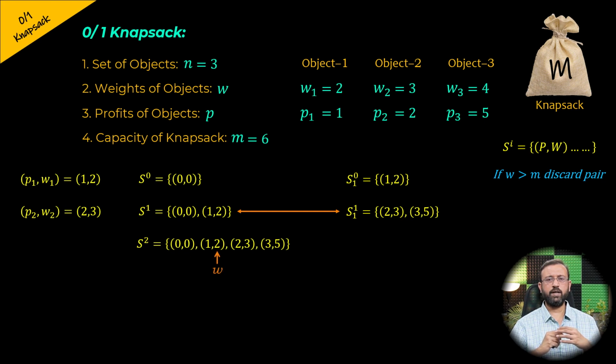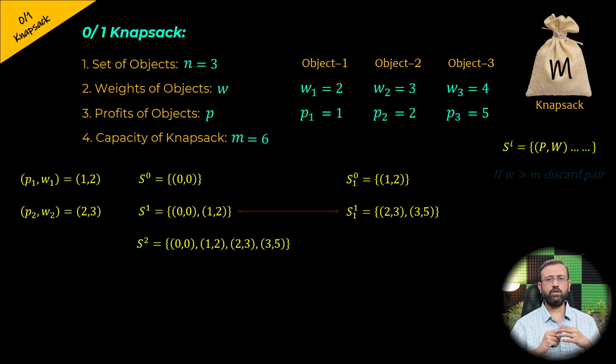Then the second pair is 1, 2 where weight is 2 and is less than 6, which is the capacity of the knapsack. So this pair is also part of the set. In the same way, pairs 2, 3 and 3, 5 have weights 3 and 5, which are less than 6, that is the capacity of the knapsack. So these pairs are part of set S2.